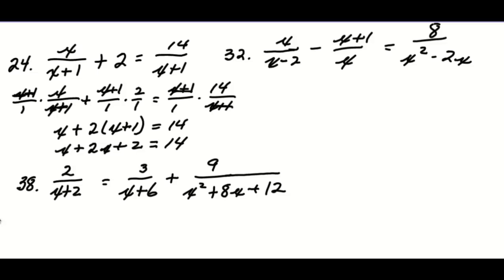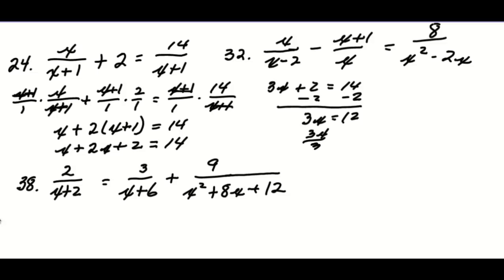When we combine like terms, which we'll do over here on the right, what we get is 3x plus 2 equals 14. Subtracting 2 from both sides, we get 3x equals 12, and then 3x over 3 equaling 12 over 3, we get x equals 4.